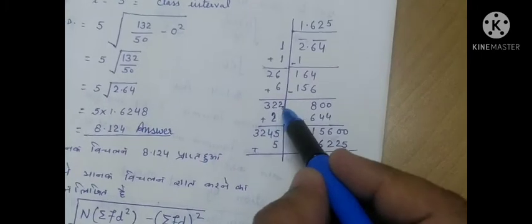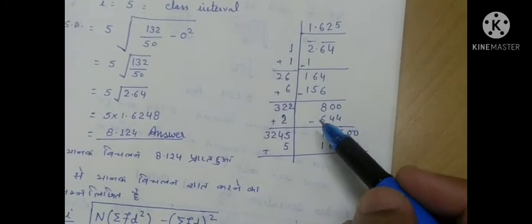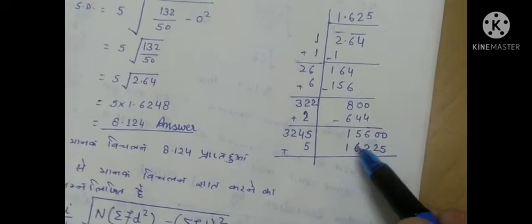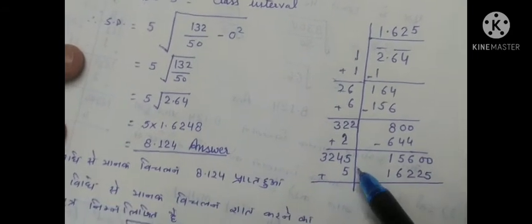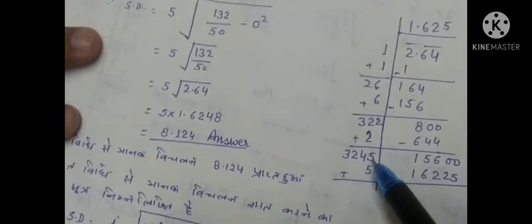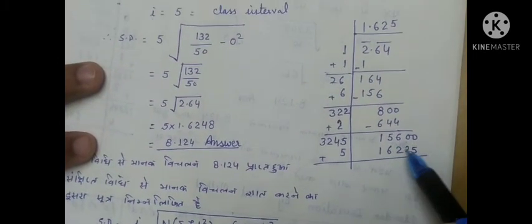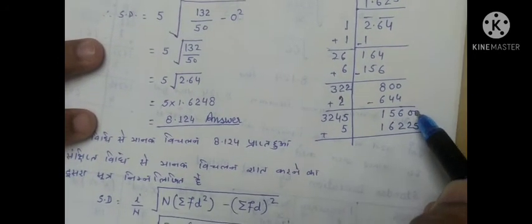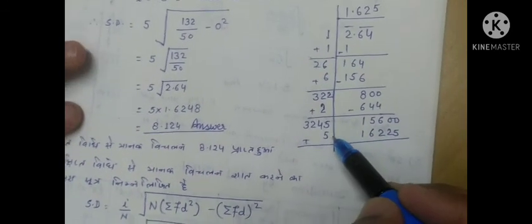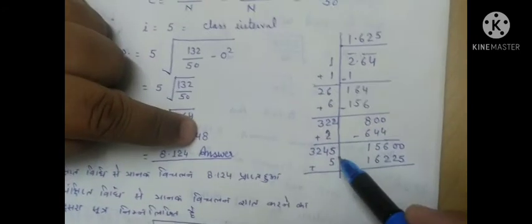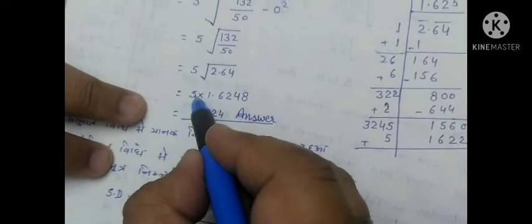And 322 plus 2 is equal to 324. Now if it is multiplied by 5, the value is more than 15,600. So I had selected 5 times, but it does not allow, because this number is more than 15,600. So it goes only 4 times. So I have written here 5.